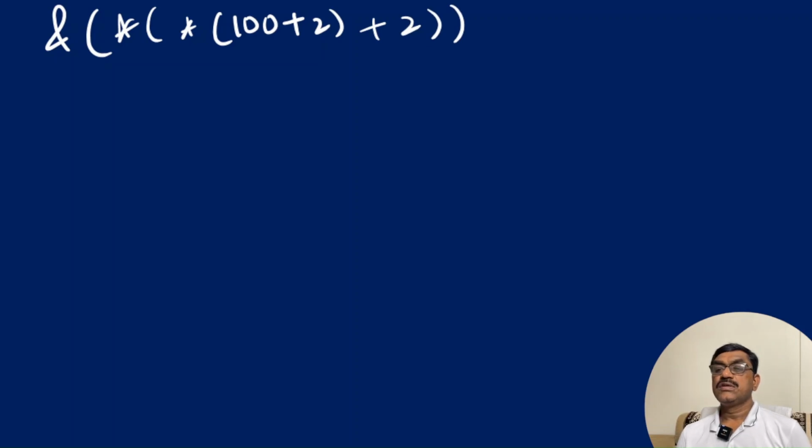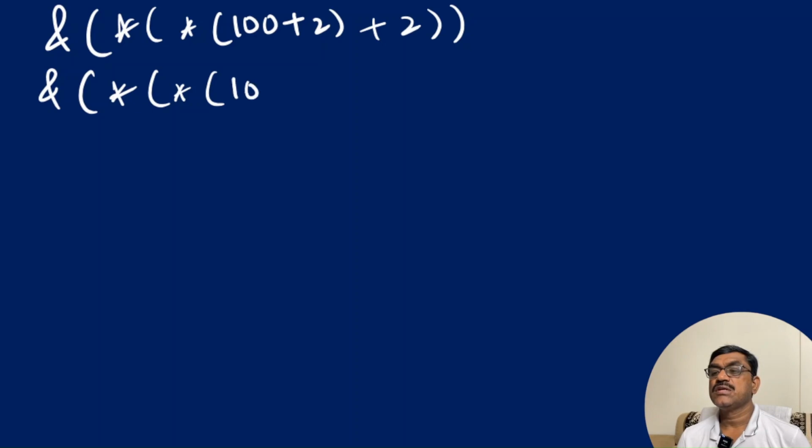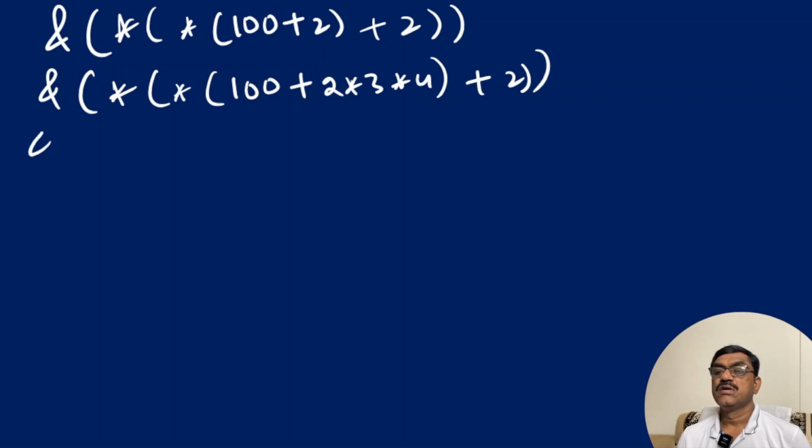See, the same thing I'm going to rewrite as &*(*(100 + 2 into 3 into 4) + 2). We have written that 2 into 3 into 4, and plus 2 we are writing as it is.